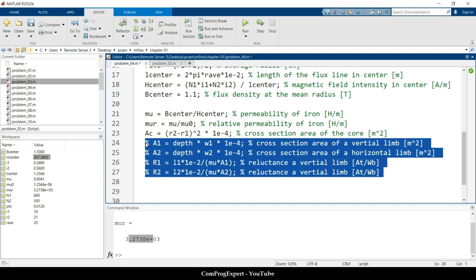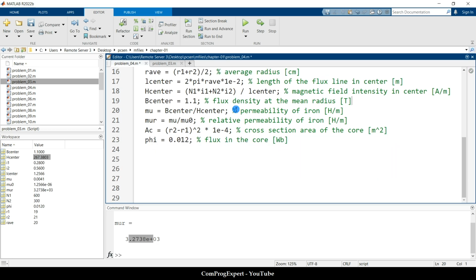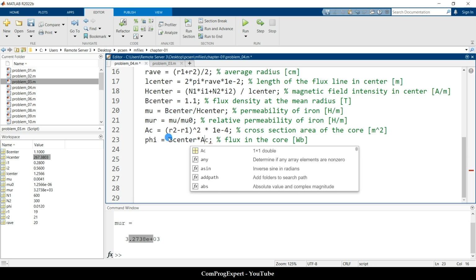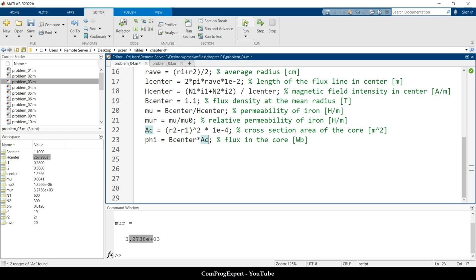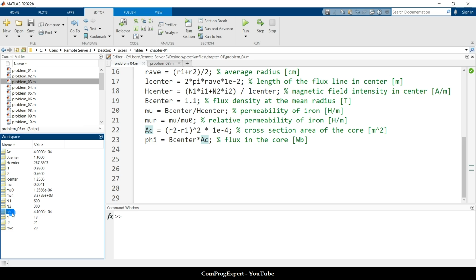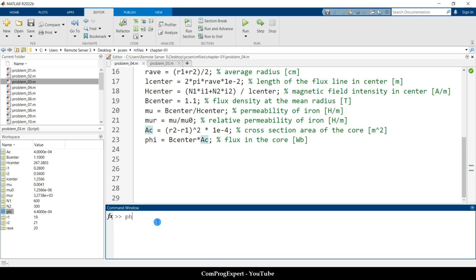The flux in the core is equal to B center times AC. So the value of the flux, the phi, is here.